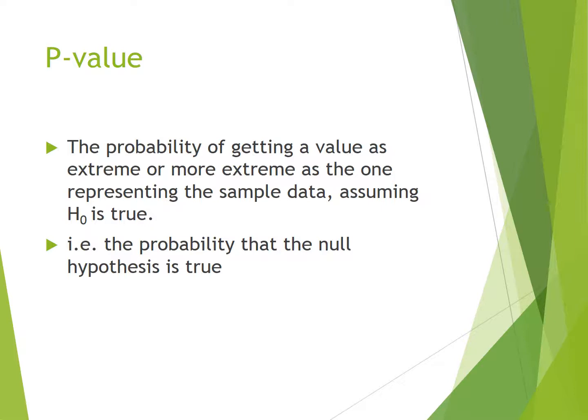So in other words, if the p-value is small, then we're going to assume that the probability that the null hypothesis is true is very small, thus it must not be true. Let me say that one more time. If the p-value is small, and the p-value is the probability that the null hypothesis is true, is very small, then we can assume the null hypothesis must not be true.